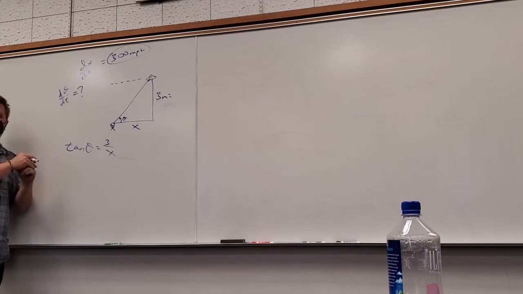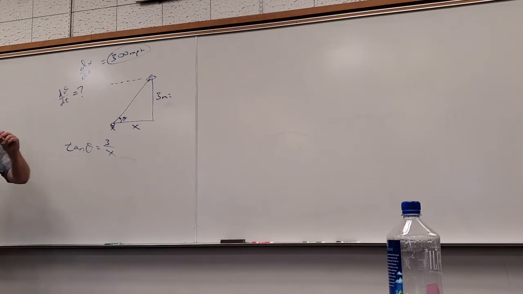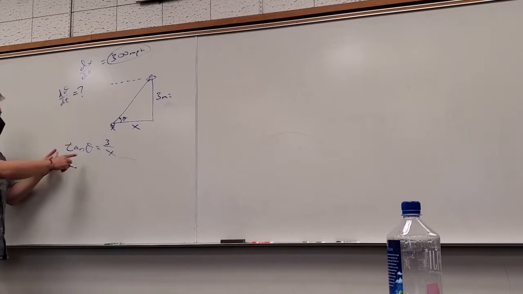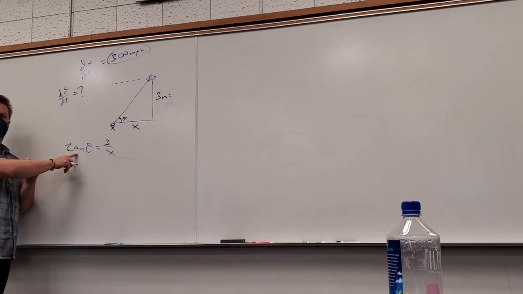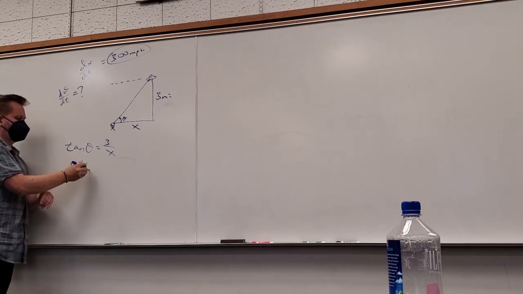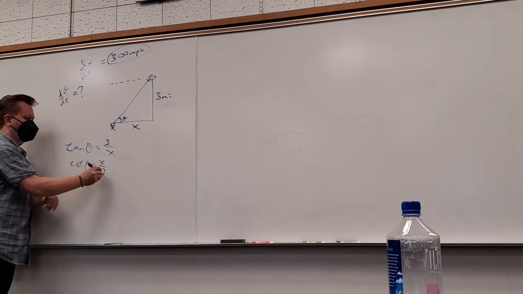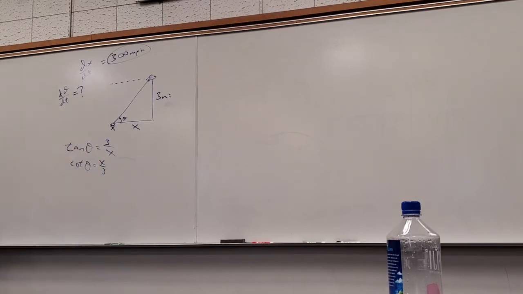Do you want to do the derivative as it is? Can anyone see something we could do? Why is this kind of worse than it should probably be? Because where's my x? On the bottom. Multiply by x. Yeah, but then you'd have a product rule over here. That's true. Can't you just make this cotangent? What's cotangent mean? X over 3. Now, do you have to do what I just did? No. It just makes the next step easier. Yes?